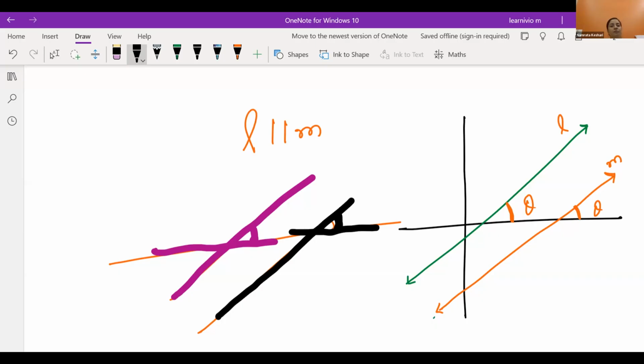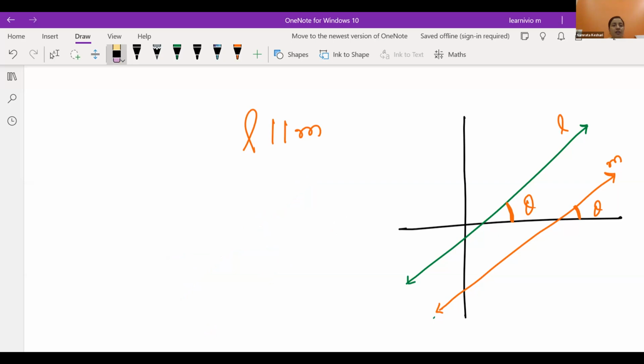Do you know that? Yes, ma'am. Okay, so both the angles will be same, hence m is equal to tan theta, that m will be same. Yes or no? Yes, ma'am. Okay, hence there is a rule: if two lines are parallel with each other, parallel lines have the same slope. If I am saying that parallel lines have the same slope, does it make sense? Yes or no? Yes, ma'am.